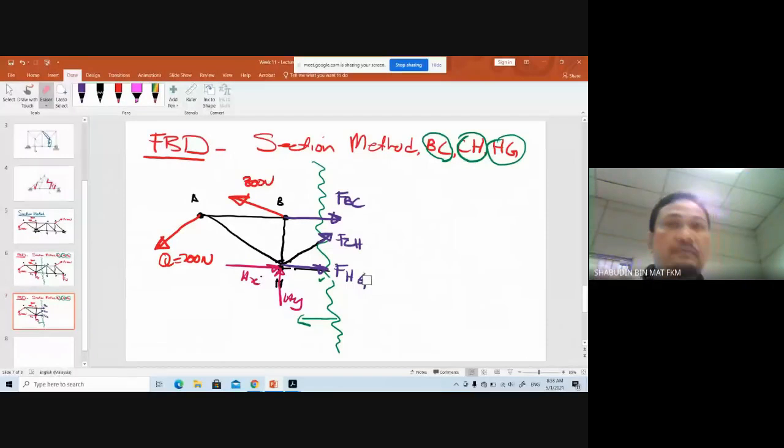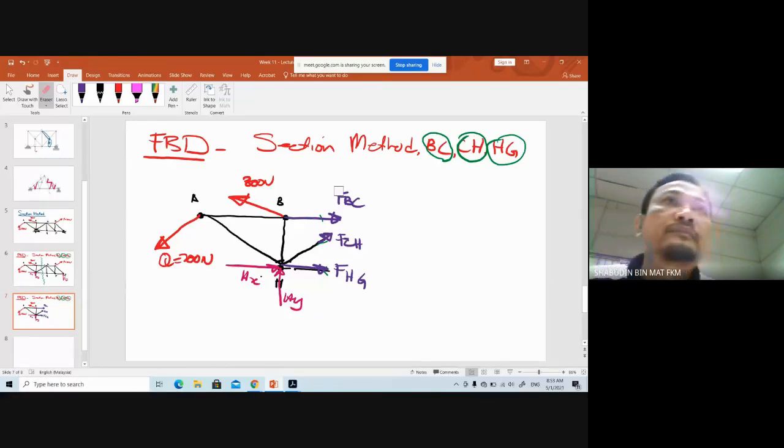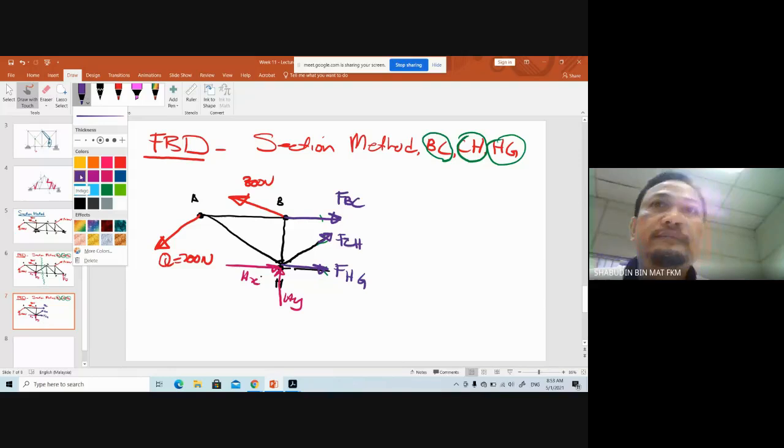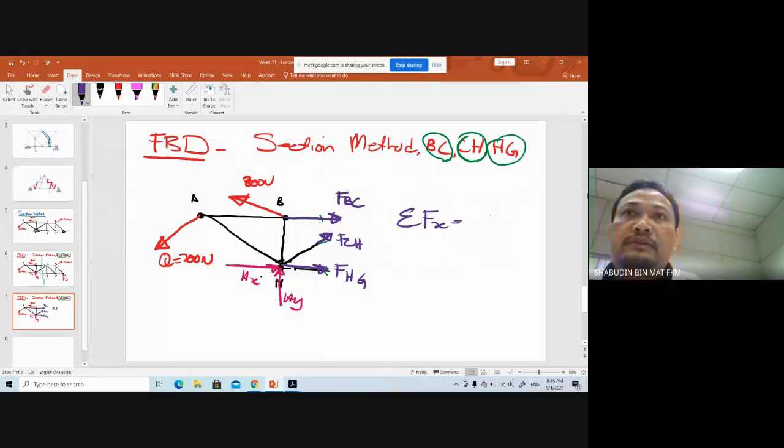How to remove that line? Okay. So you do the analysis at that point. So you do the summation of force in X is 0.